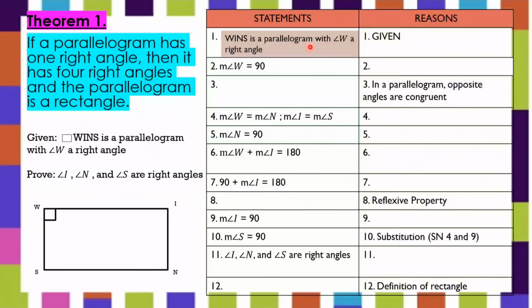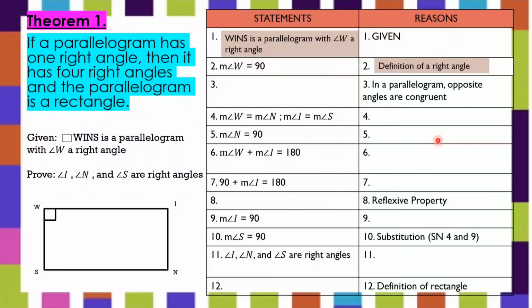So, from statement number 1, ang statement number 2 natin dito, ang sabi that the measure of angle W is equal to 90 degrees. Why? Ano kaya yung reason natin? So, for the reason, definition of right angle. So, alam naman natin that when we say right angle, it all measures 90 degrees. Since right angle ang angle W, nagme-measure yan ng 90 degrees.